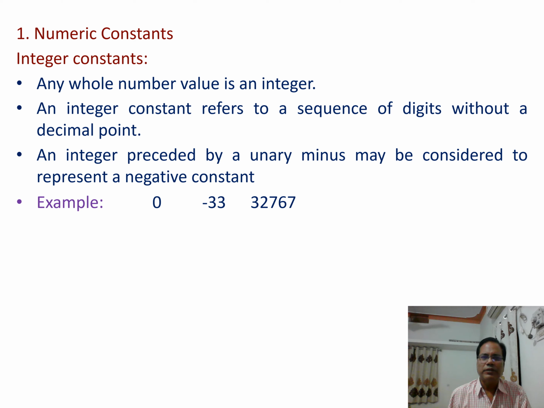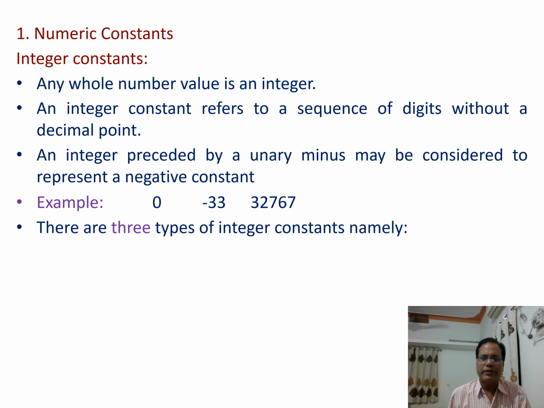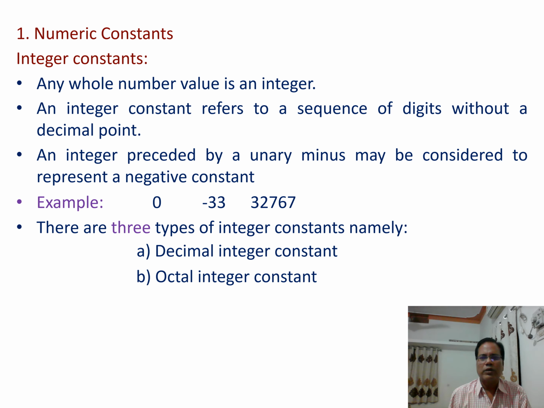So these are integer constants. The minus before 33 represents that 33 is a negative integer constant. There are three types of integer constants, namely decimal integer constant, octal integer constant, and hexadecimal integer constant. So three types of integer constants we have to discuss.